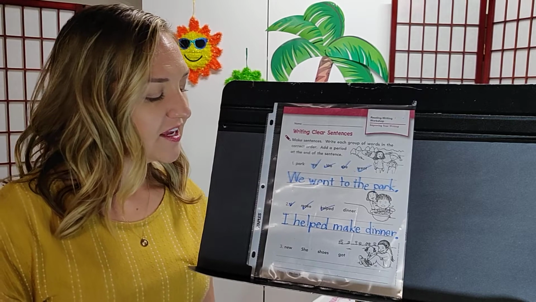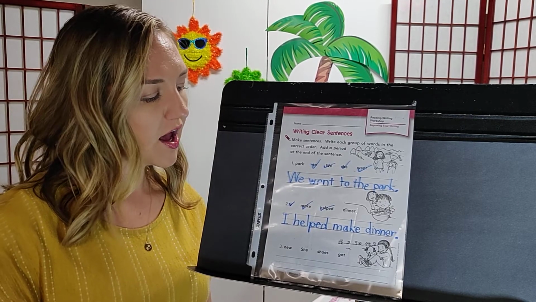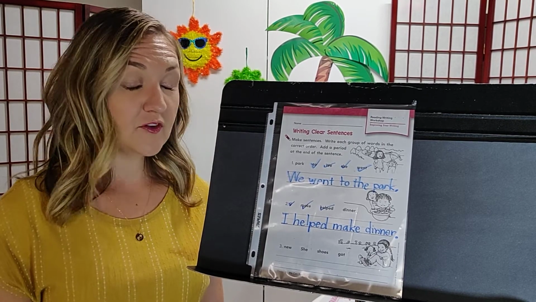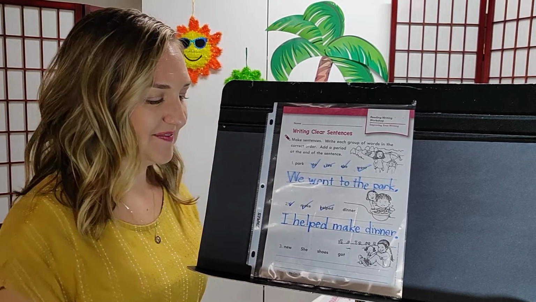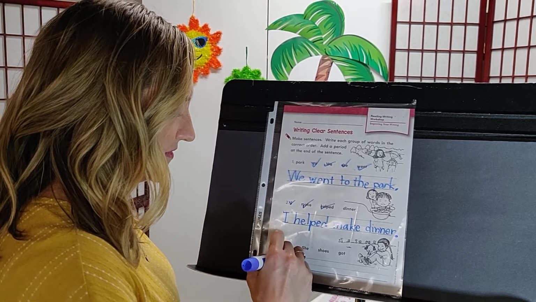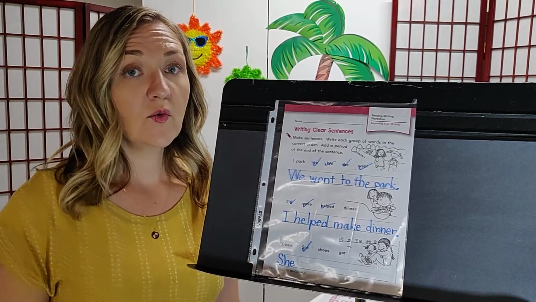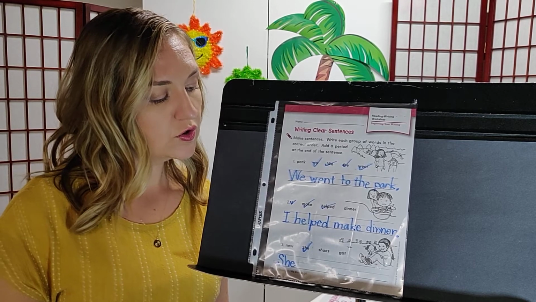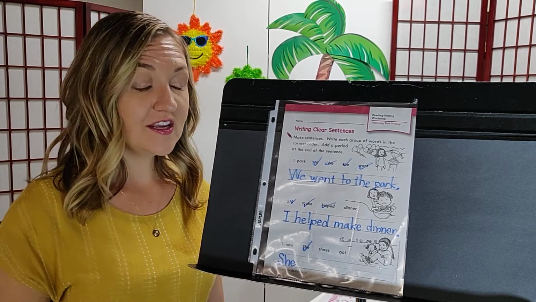Number 3, new, she, shoes, got. Which word goes first? Remember to look for a big clue. Look for the capital. She. That tells us who. What did she do? She got.